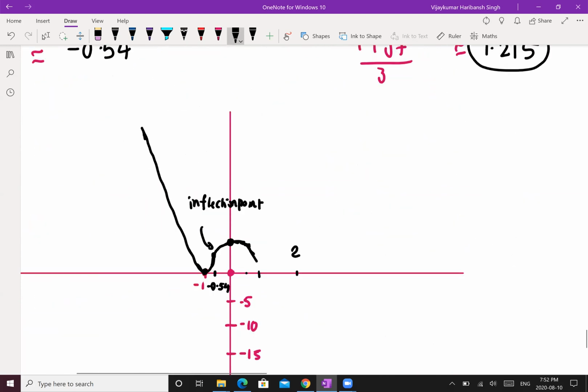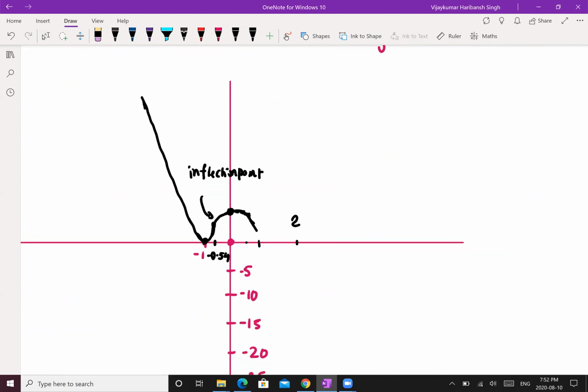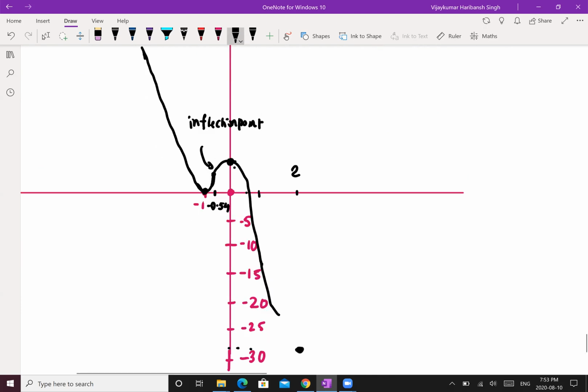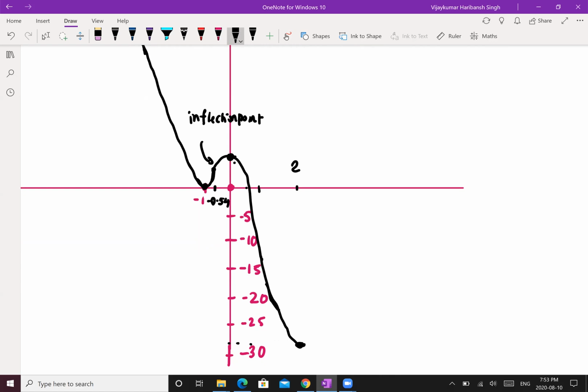So it goes down quite steeply and then changes from concave down to concave up to go to the local minimum, and then it keeps on going.